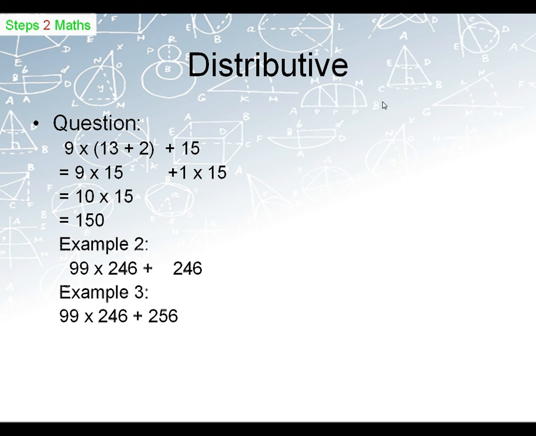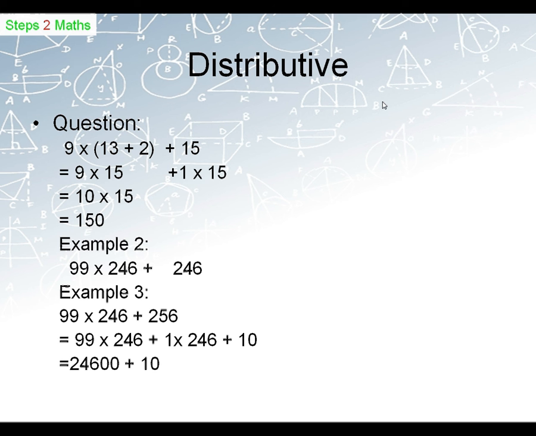Let's have a look at a third example. With 99 groups of 246 and with the number 256. So a little bit of a problem here until we think about what we really want. We want 100 groups of 246. So let's try and figure out a way of doing that. Well, instead of writing 256, we can write down 246 plus 10.